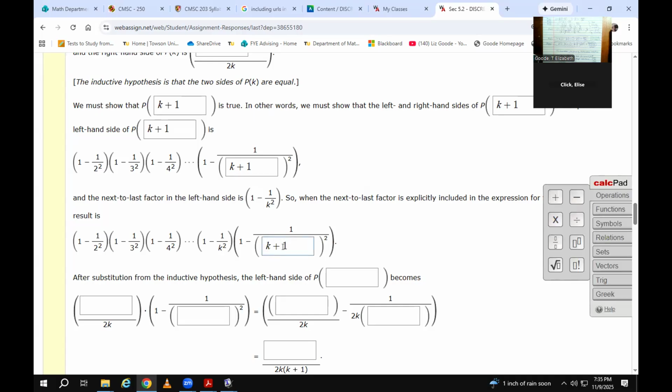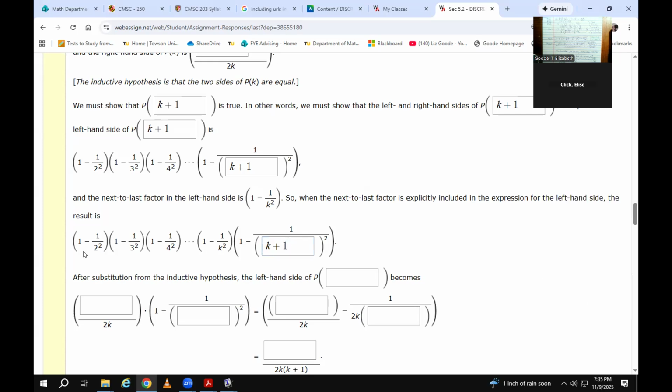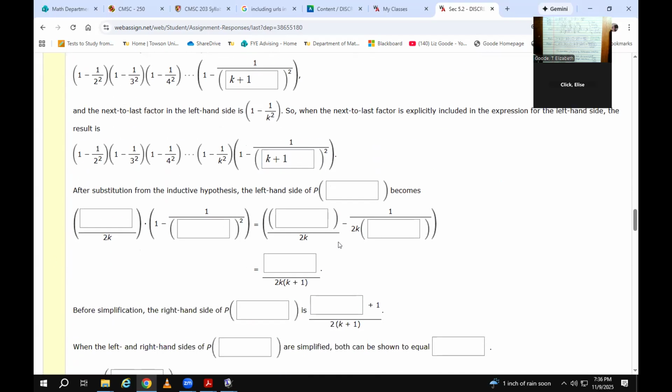Yep, right. So they're writing it the way we wrote it so we could see the 1 minus 1 over k squared part. So this is the left-hand side of P of k plus 1 when we really take a close look at it.